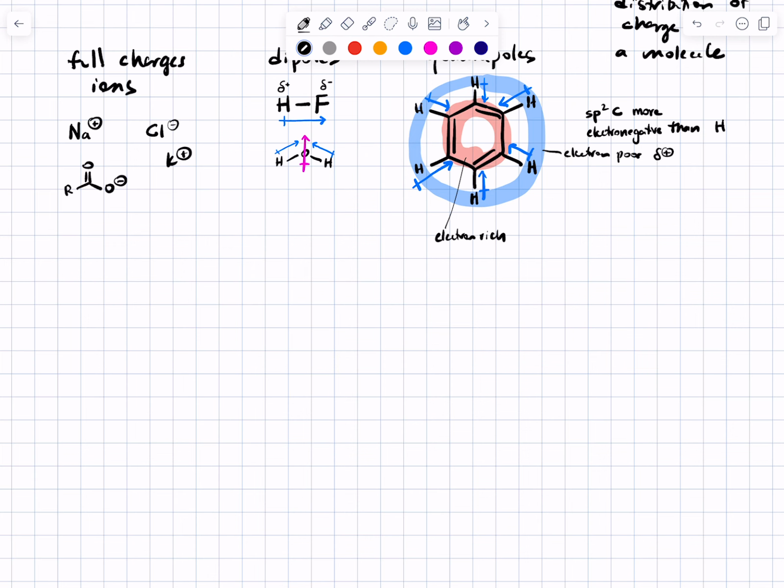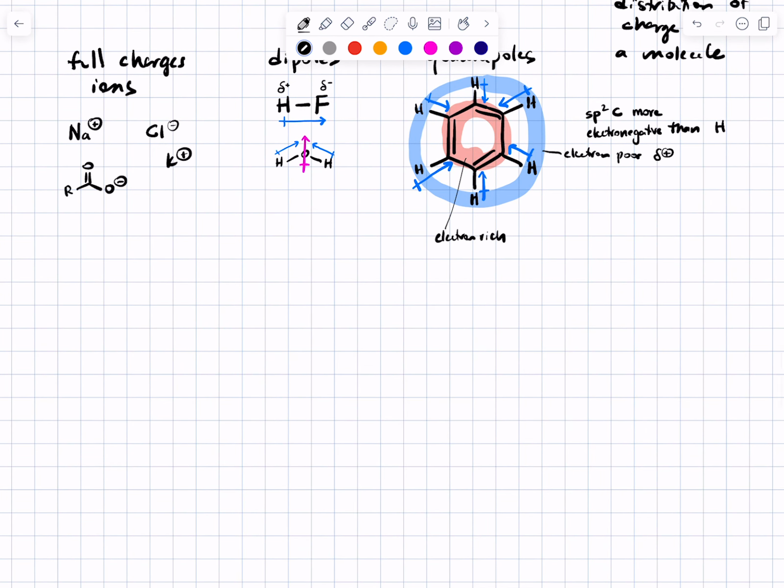Remember, the face of benzene is electron rich. So I'm going to attempt to draw benzene sort of sitting on its side. These bonds in the front are jutting out towards you, whereas the hydrogens in the back are sort of oriented away from you.